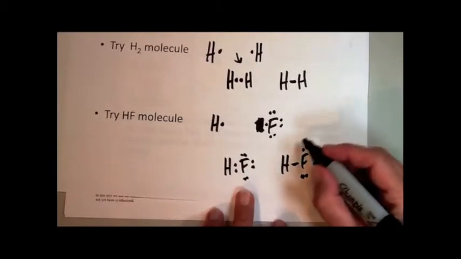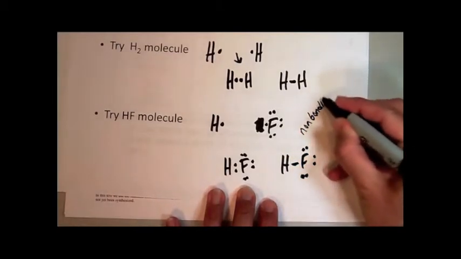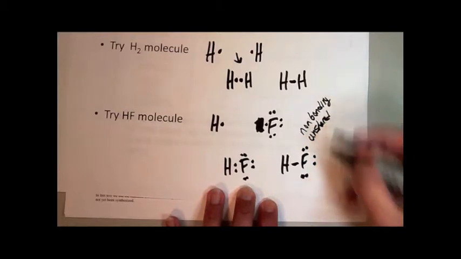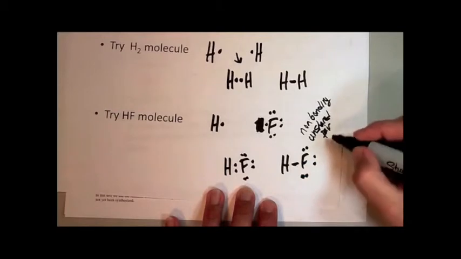Sometimes they're called non-bonding pairs, because they're not involved in bonding, or unshared. It means the same thing: non-bonding or unshared pair of electrons. And there's 3 of those pairs.